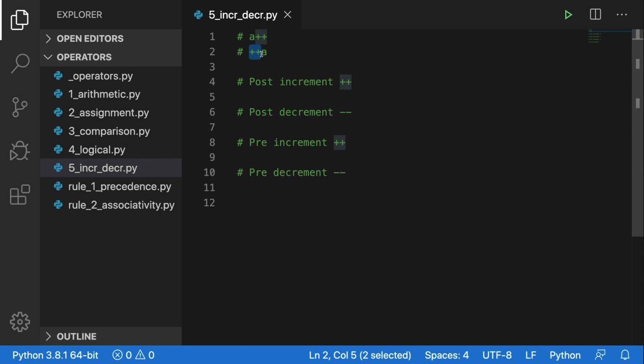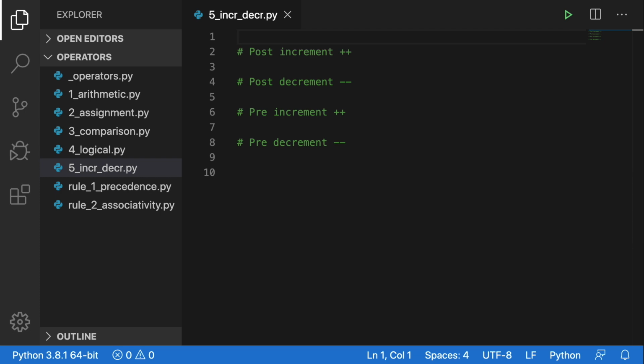In Python, there is no such thing. The question is why? Because Python is designed to be consistent and readable. And there are differences between post and pre-incrementation and decrementation. It's a simple and easy language which doesn't want to deal with this.